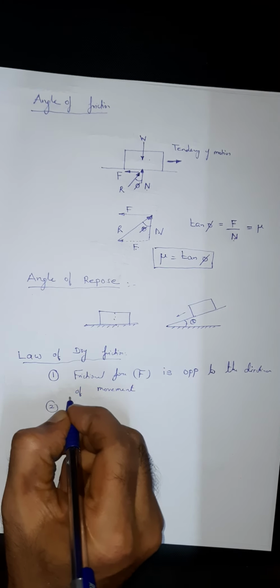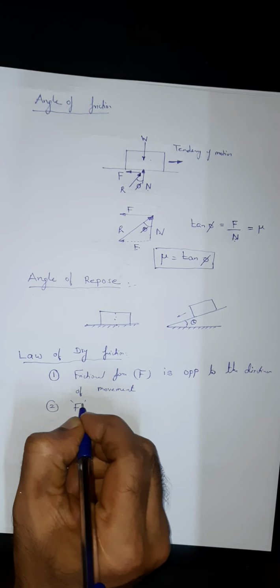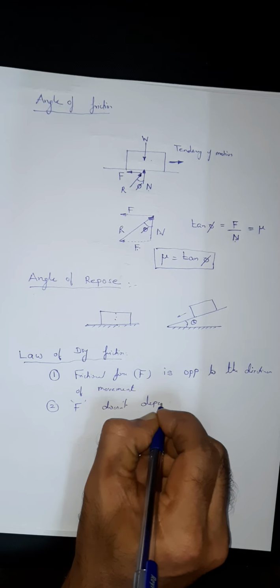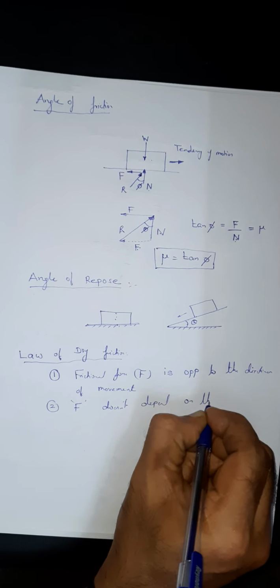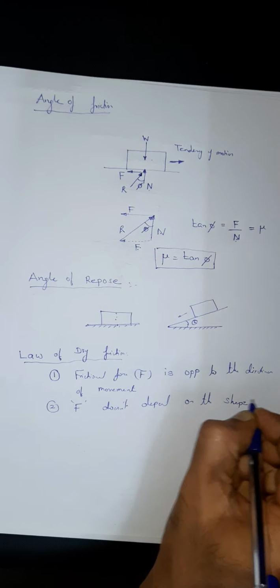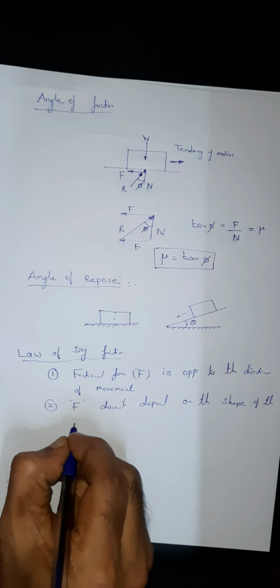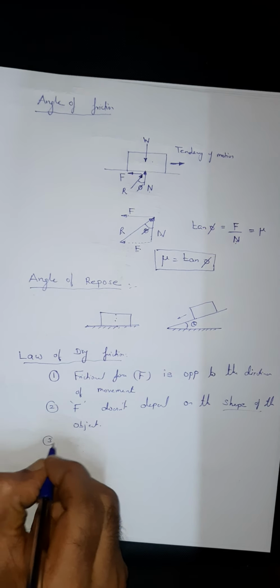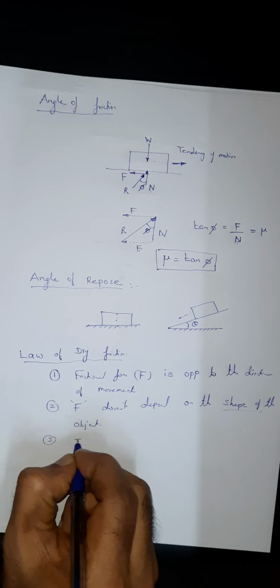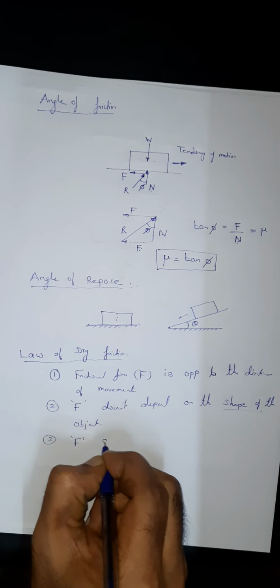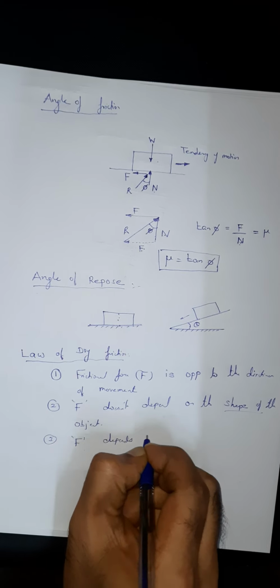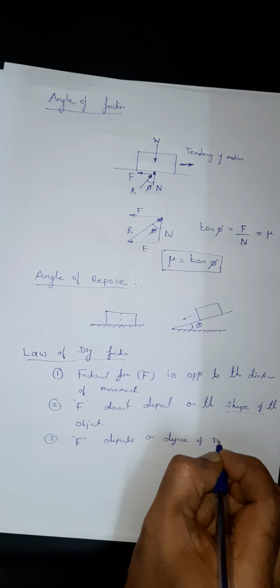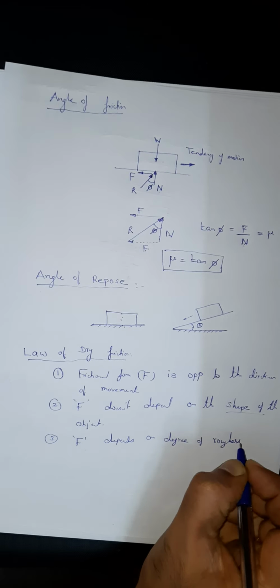The second one is the frictional force F doesn't depend on the shape of the object. It doesn't depend upon the shape of the object. The third one is frictional force F depends on the degree of roughness of the object or the body.